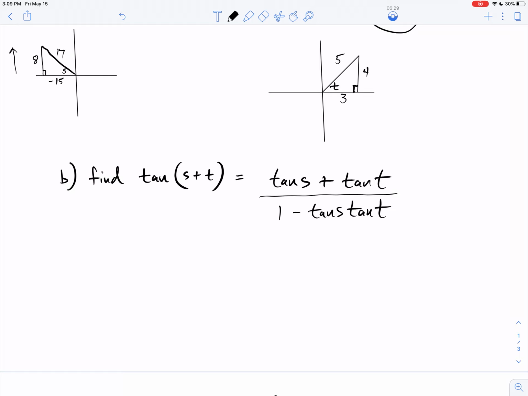So I go up to my triangle up here, and I'm going to write it down below here: opposite over adjacent, plus the tangent of T would be opposite over adjacent. That's the top of my fraction. On the bottom, I have 1 minus. Now, tangent S is once again going to be my negative, so I'm just going to take that thing and make it a positive.